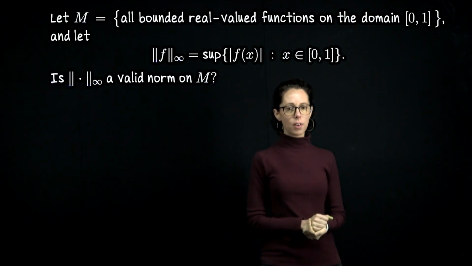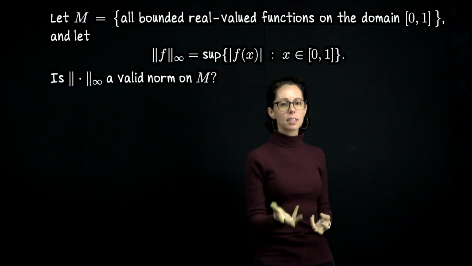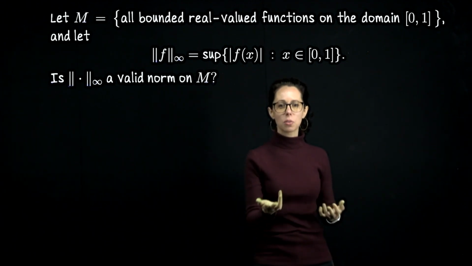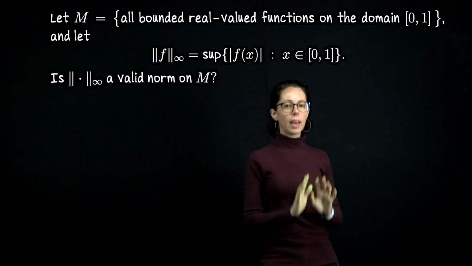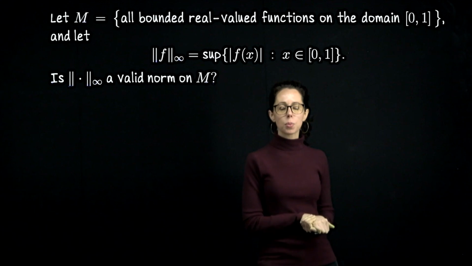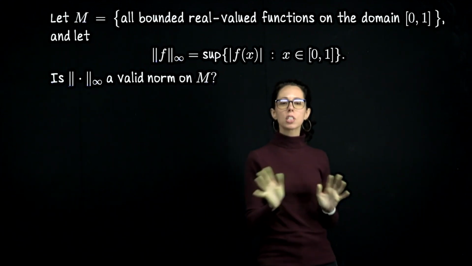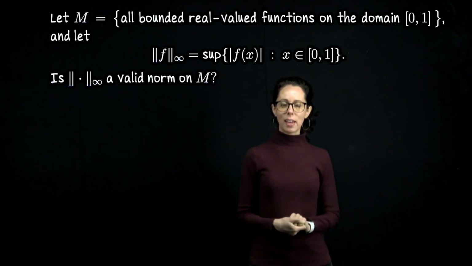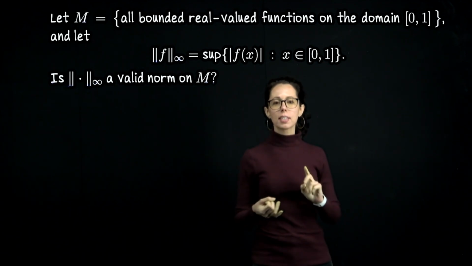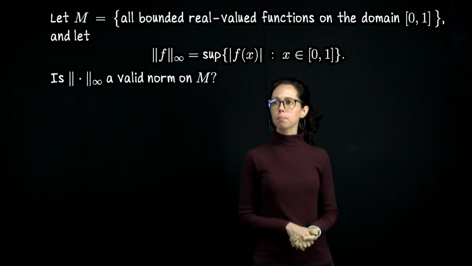If you take a bounded function f and scale it by doing 3f, that's also going to be a bounded real valued function on this domain. And the scalar multiplication is nice. It's associative. The element 1 behaves appropriately. Okay, so that was just an out loud check that M is a vector space, highlighting the main ideas of what it is to be a vector space. Vector addition is nice. Scalar multiplication is nice.